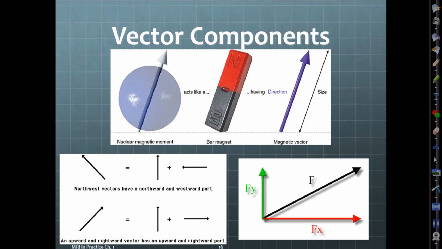Then we apply our RF pulse to put energy in that vector and flip it down into our transverse plane. That's what we'll be talking about with the flip angle. So I don't want to get it confused with just adding up two vectors and creating an oblique vector. But yes, you're on to the right concept.